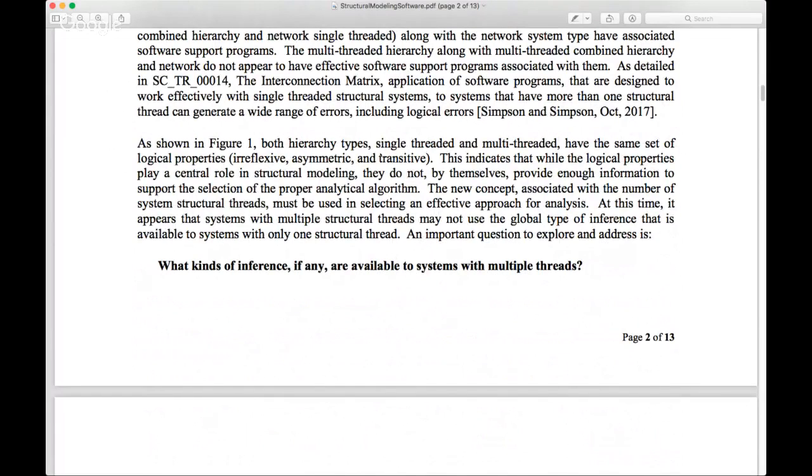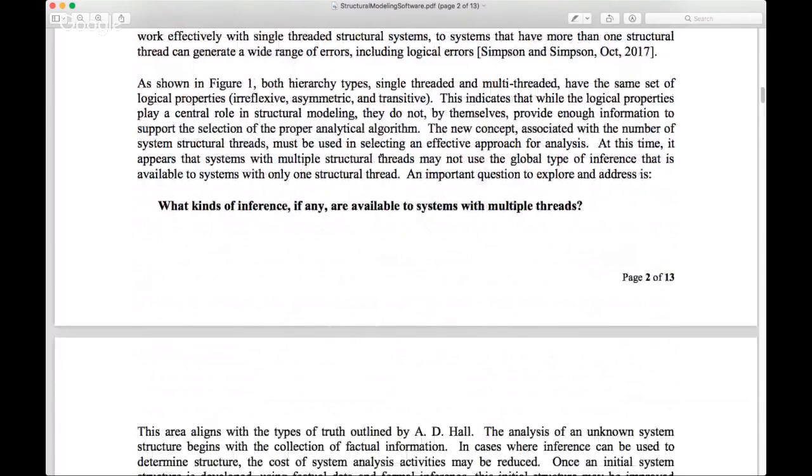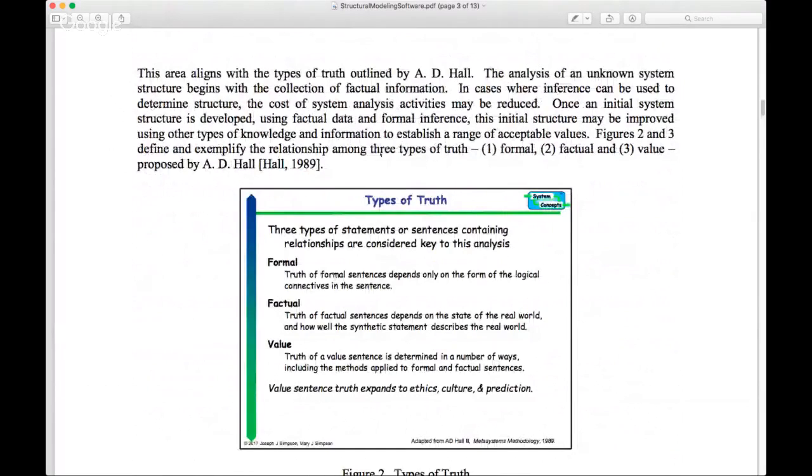And so, in looking at and emphasizing the fact that you do have local types of relationships that have zeros in the lower triangular and not all ones, can we actually find anything about the structure of our methods that will help us with inference and reproducibility of the analysis of systems that have multiple threads?